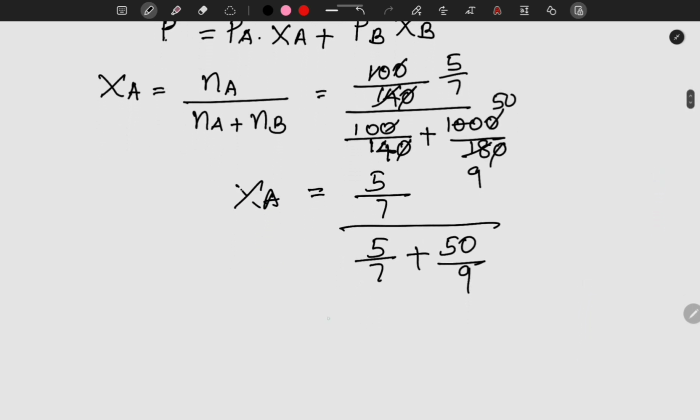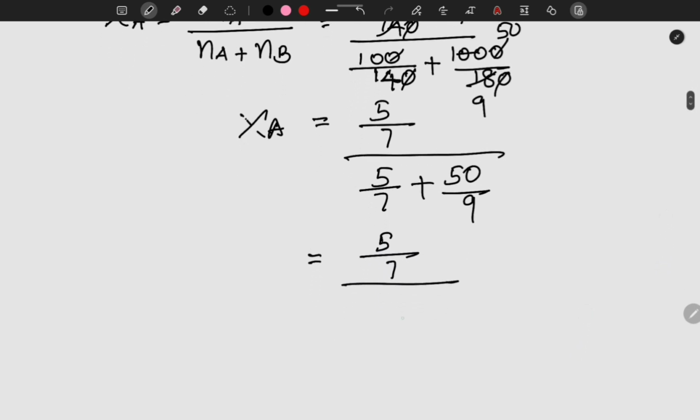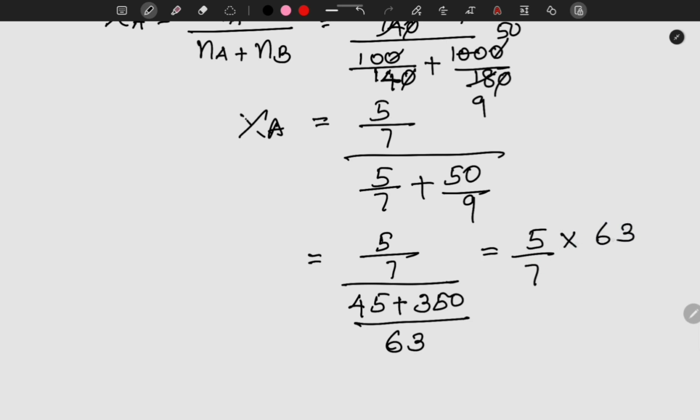Now let us simplify this. 5 by 7, let us take LCM, 63. Then 9 into 5 is 45 plus 7 into 50 is 350. So that is equal to 5 by 7 into 63 by 395.